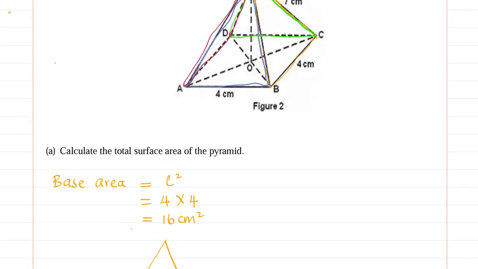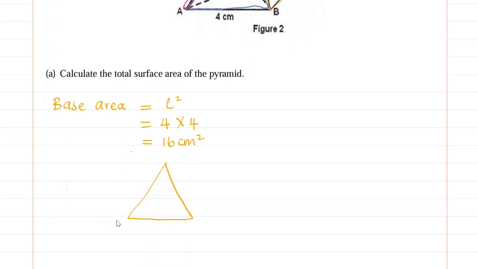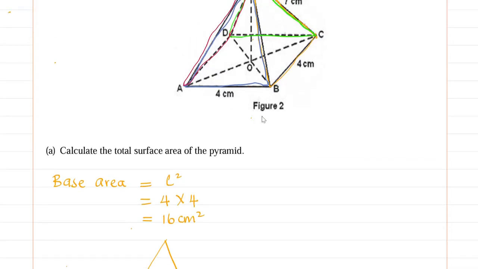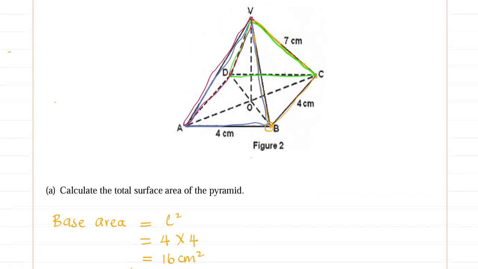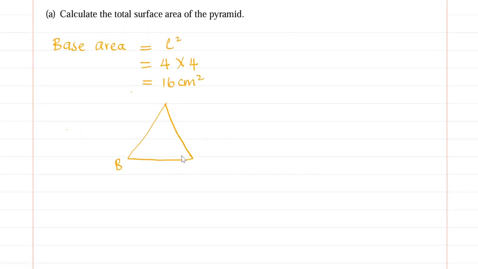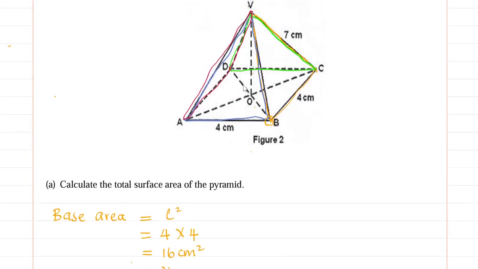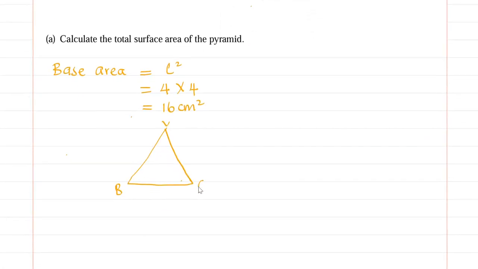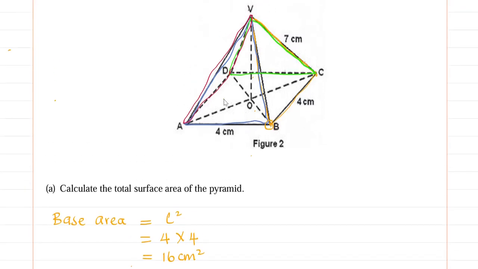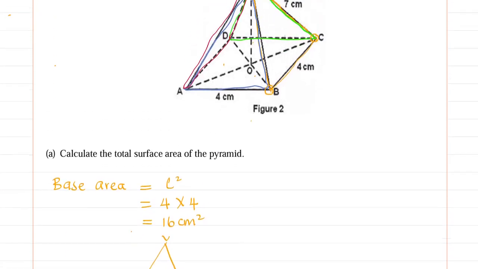And then this corner is where I have my B, and then up I have V, and then I have this edge C. So if you look clearly, we have B, V, and C. Those are the edges of the surface that I'm taking, which I have marked clearly.